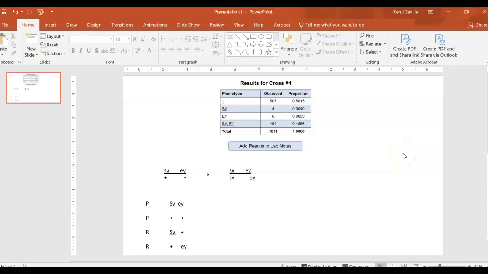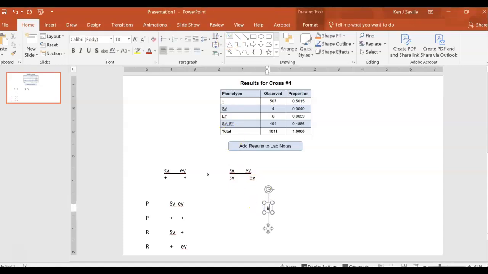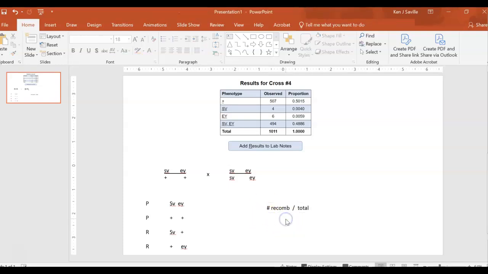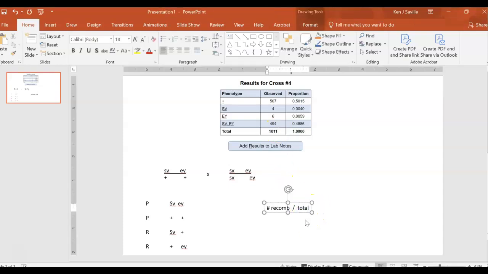So you add up the recombinants. To calculate map distance, it's the number of recombinants over the total. Always make sure you put it over the total. Sometimes people will put the number of recombinants over the parentals, and that doesn't make sense because we want it to be a percent.